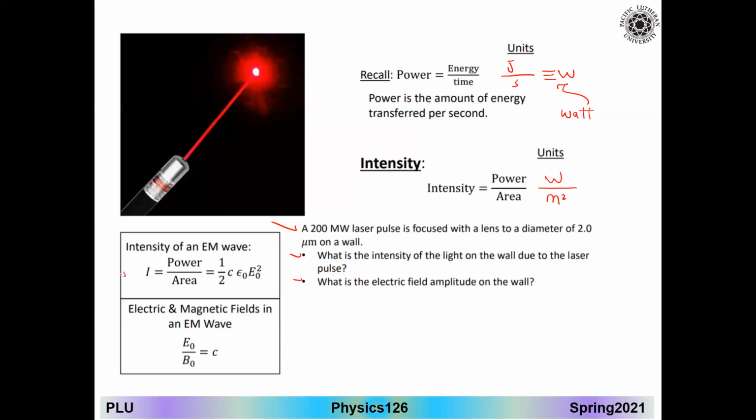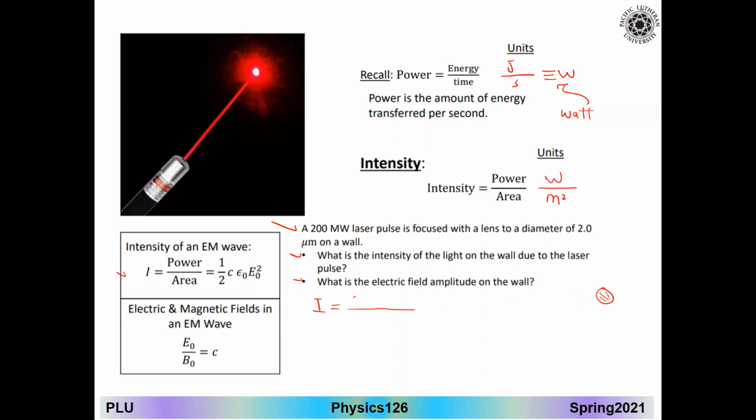So we're going to use the first formula to find the intensity. Then I'm going to use the formula for the intensity, half of c times epsilon naught, multiplied by the square of the electrical field. This is the formula for calculating the intensity of the EM wave. So the first one, intensity based on the first formula, is power divided by area. The area that we have is circular, that's our area.